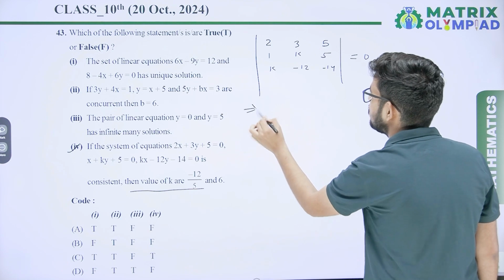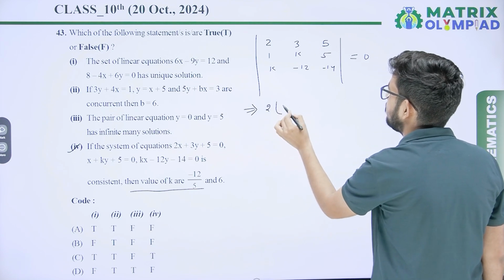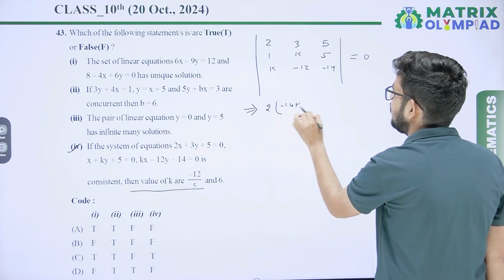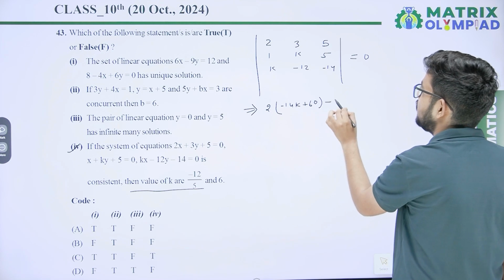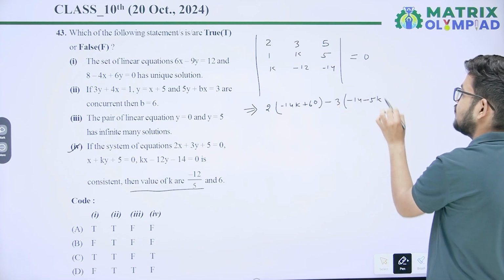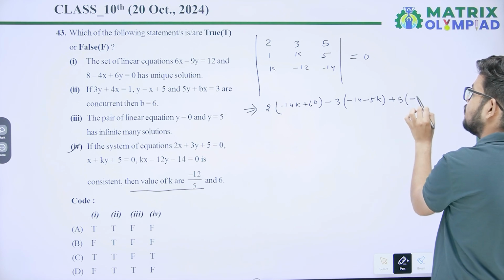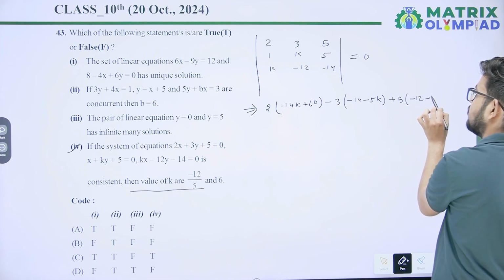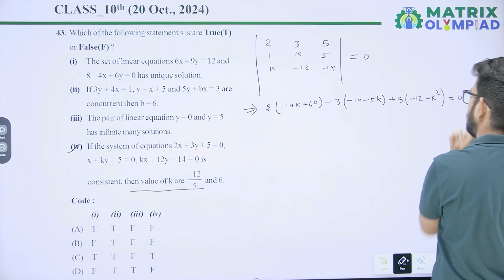So after simplification you will get 2 into minus 14k plus 60 minus 3 into minus 14 minus 5k plus 5 into minus 12 minus k square equal to 0.